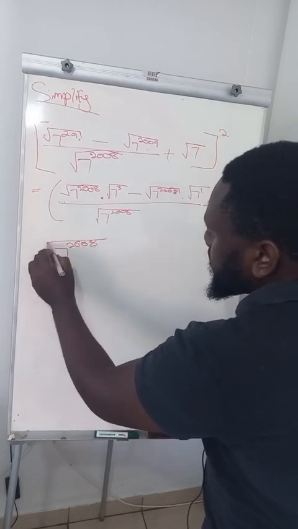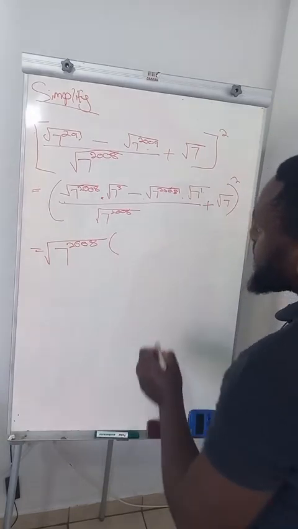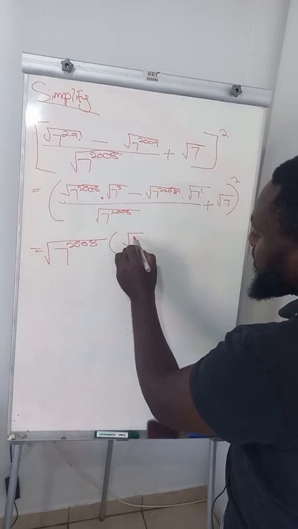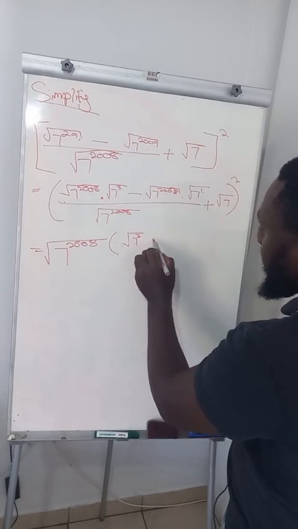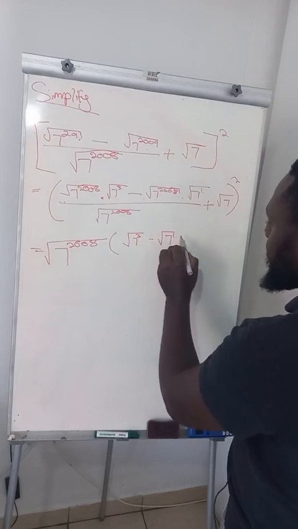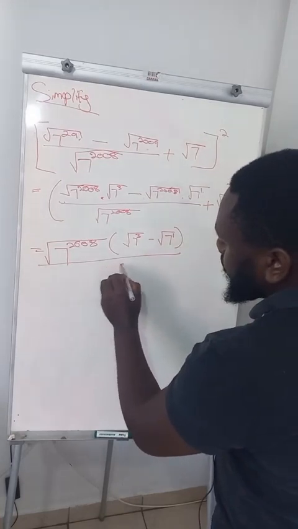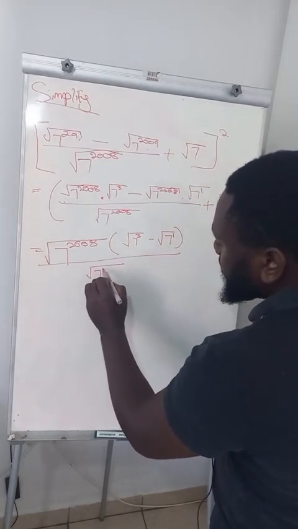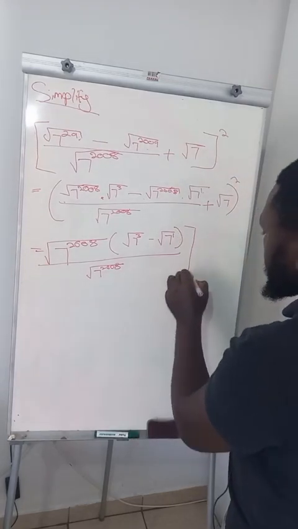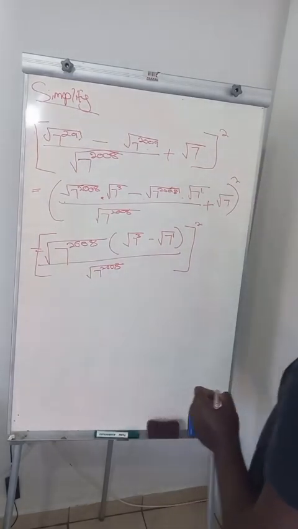You'll be left with the square root of 7 to the power of 3 minus the square root of 7 to the power of 1, and all divided by the square root of 7 to the power of 2008, and all these things are to the power of 2.